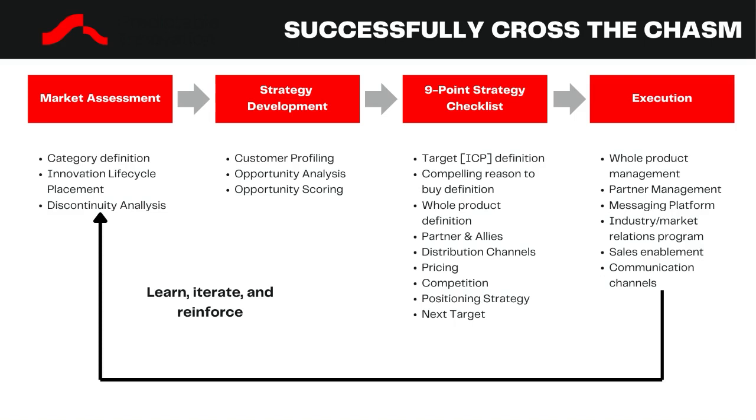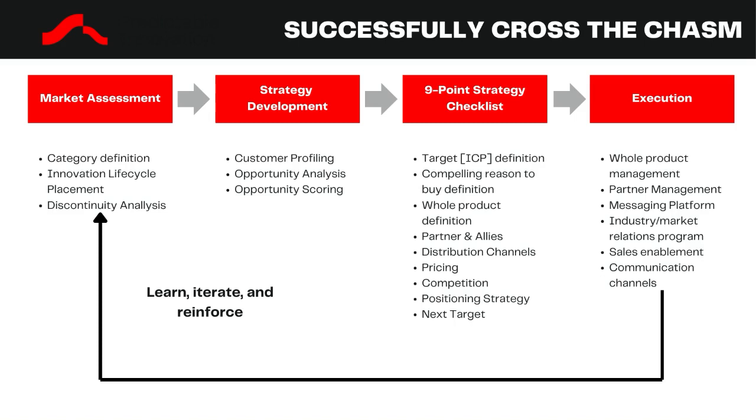And then with that, you develop the 9 point strategy checklist, which I'm going to share with you as a template that you can use, and also a step by step how-to in a blog article. But basically, you gotta revisit your target, why they're buying or the customer profile, and the whole product that we've been talking about.